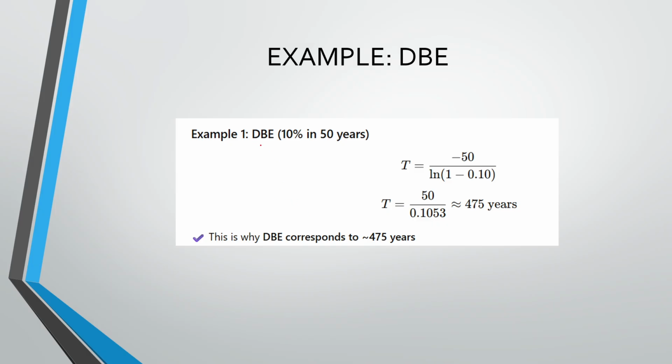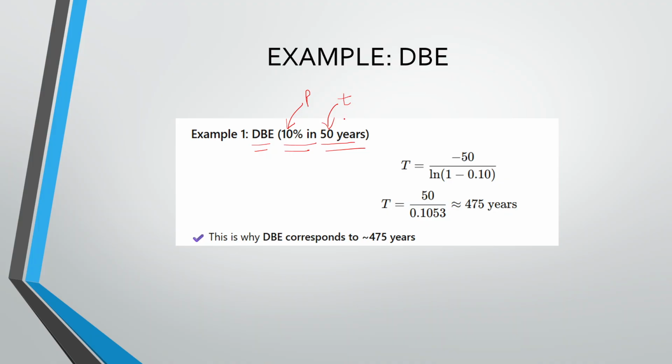As you know, design basis earthquake means it has 10% probability of exceedance in 50 years. So this is our P, 10% probability, and 50 years is our small t.